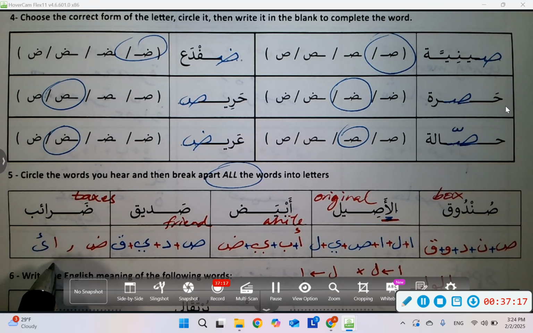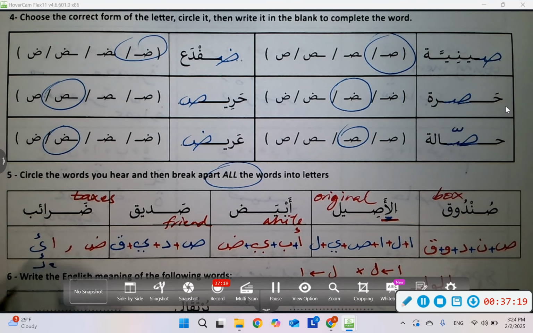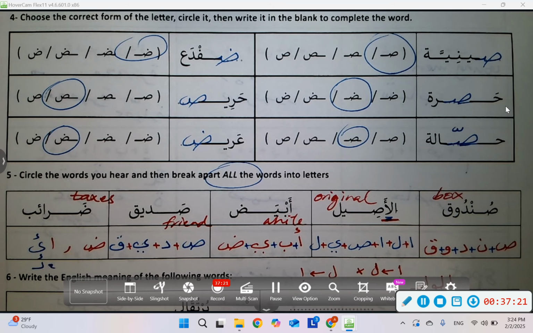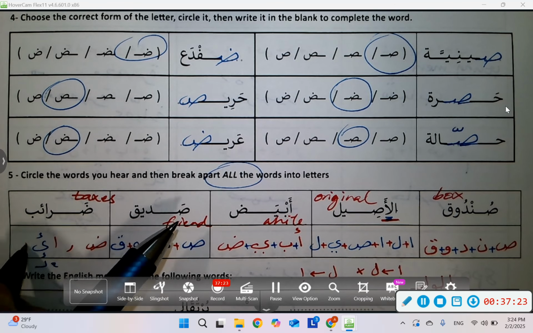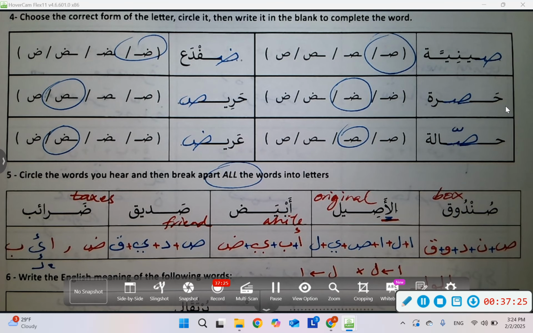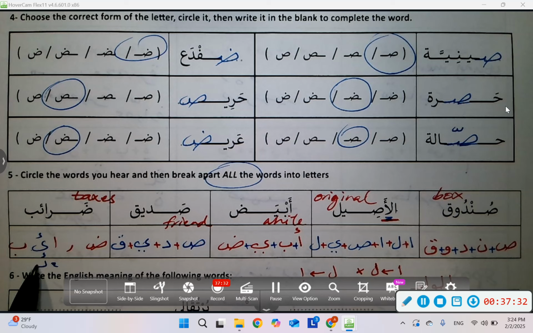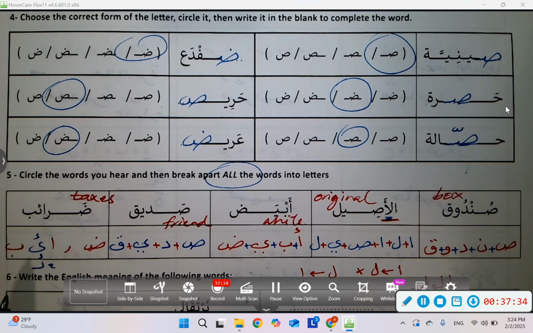You can write it like this. It's okay. Either way, I'm going to consider it correct, because I've seen a lot of students get confused. So either you write it in its original shape or you write it as it is. Hamza on a spike, or because they call it Hamza ala al-ya.